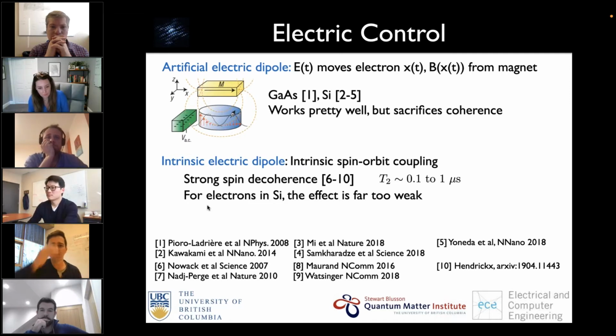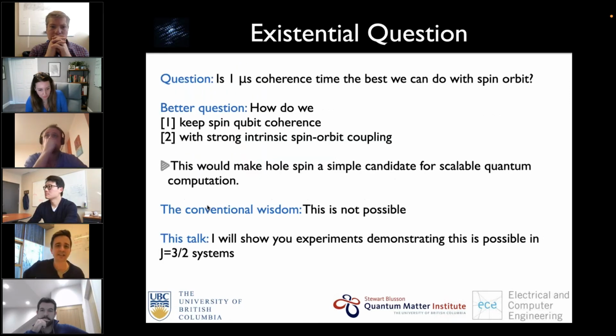Okay, so the existential question for spin orbit qubits is, is 1 microsecond coherence time really the best we can do with it? Or maybe a better question is, how do we keep spin qubit coherence and keep strong intrinsic spin orbit coupling?